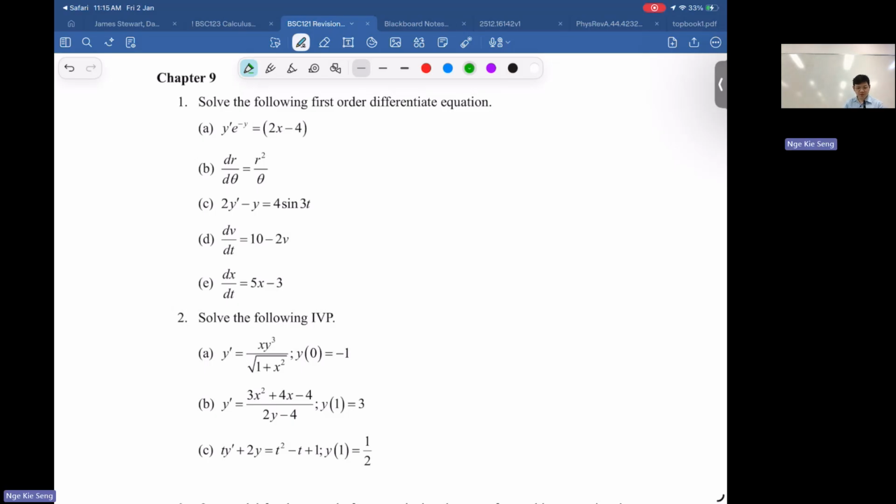I think question one should be okay, right? How about question two? Maybe we can try question two because in question two you solve it, and then you need to find a constant. Okay, which one is non-trivial? Yeah?